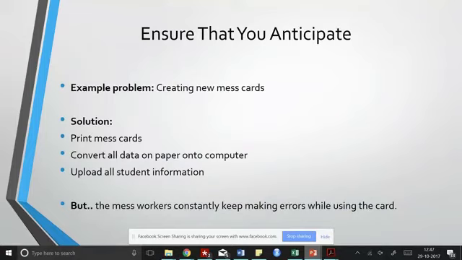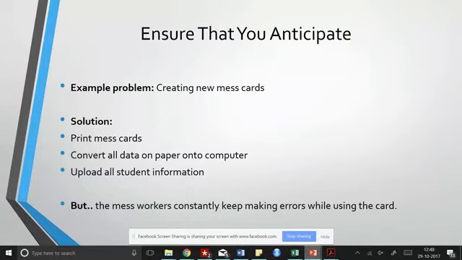So next is ensure that you anticipate. When you're trying to solve one issue, you're going to encounter at least 10 more coming up along the way. And if you don't anticipate them, then it's going to turn into a whole mess. So let's take the example of creating new mess cards. The obvious solution here is, of course, printing the mess cards.